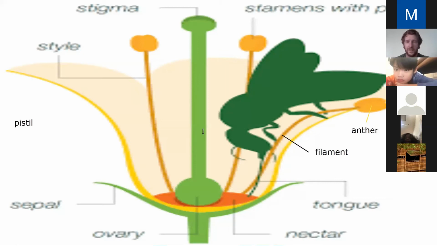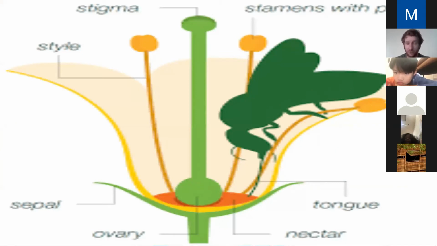So as I said yesterday, what happens is pollen grains get stuck to the bee. When the bee flies to a new place, the pollen grains get stuck here. When they do, they go all the way down here, and then they mix with the eggs. And when they join together, the male part, the pollen, and the female part, the egg, they make a seed.